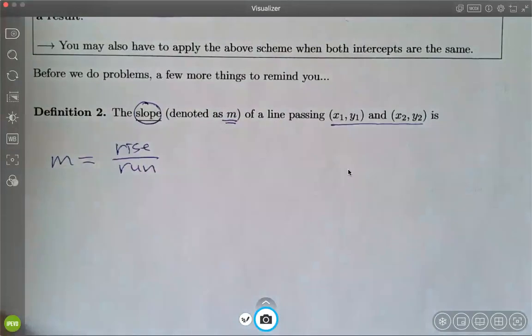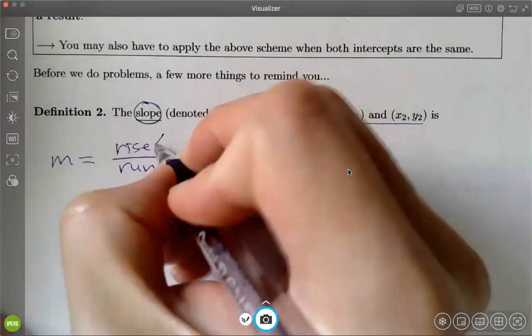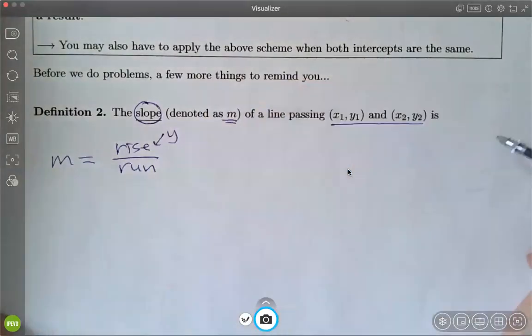Does it sound familiar? Rise means the vertical motion, right? So what does the vertical motion mean? The y, right? And now what about the run part?